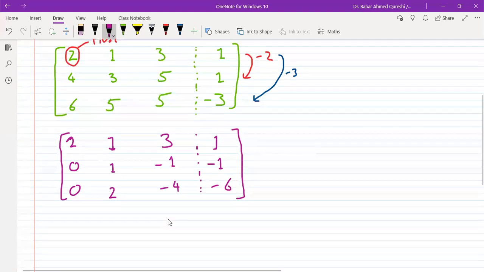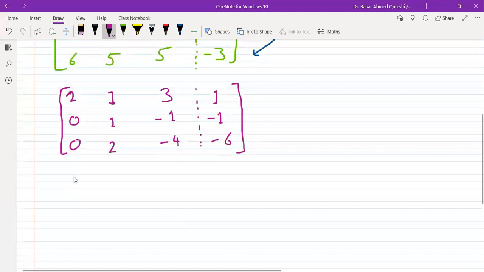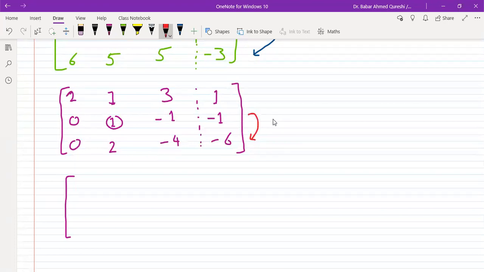Now I take this to be the pivot and I want to bring 0 over here. So what I need to do is multiply by -2 and add it to the equation below it. These guys just get repeated.